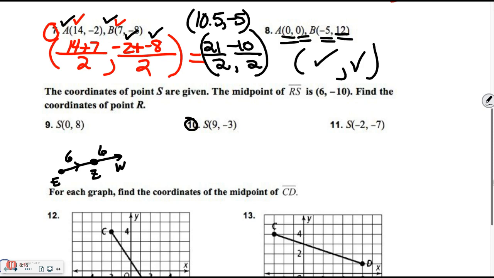So if something's in the middle, if you just walk there or drive there and keep on driving in the same direction, you will land yourself at the other endpoint.